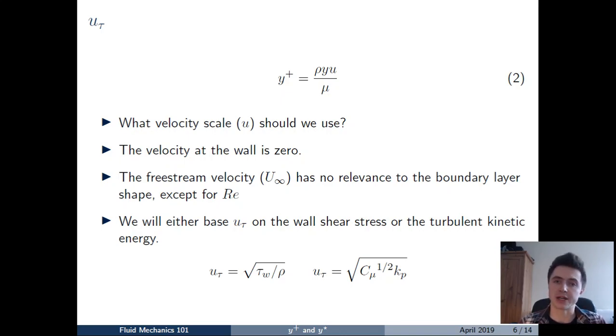We could either base our velocity on the square root of the wall shear stress, u tau, which gives us the correct units for velocity, or we could base our velocity scale on the square root of the turbulent kinetic energy, and you can see both of those expressions in equation 3. We could use either. Both are mathematically sound and would give us a measure of the wall normal distance.